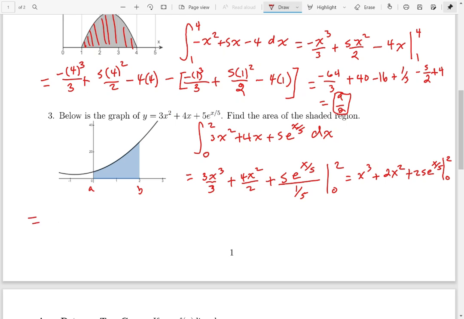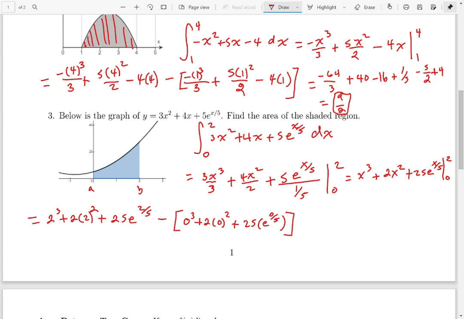And so then this becomes 2 cubed plus 2 times 2 squared plus 25 times e to the 2/5 minus 0 cubed plus 2 times 0 squared plus 25 times e to the 0 over 5.